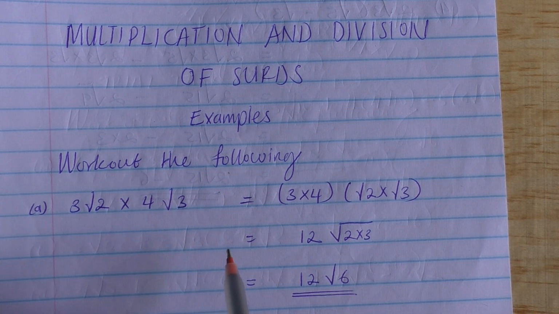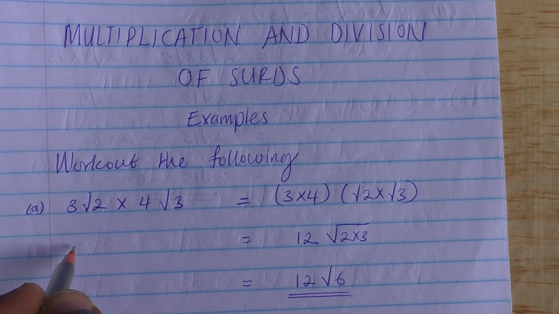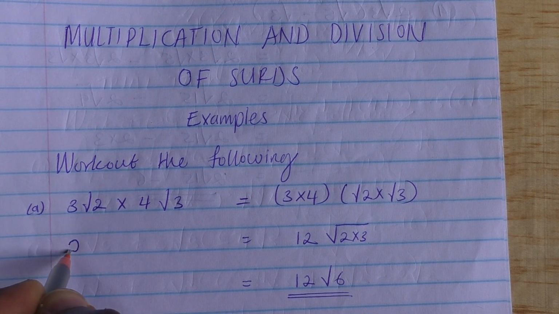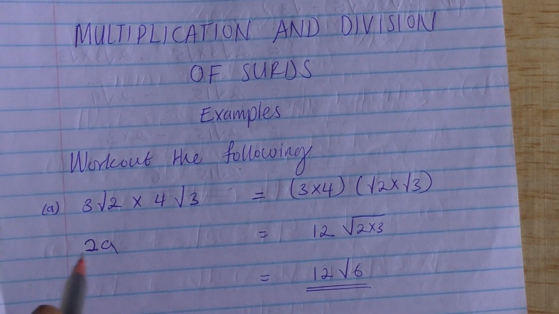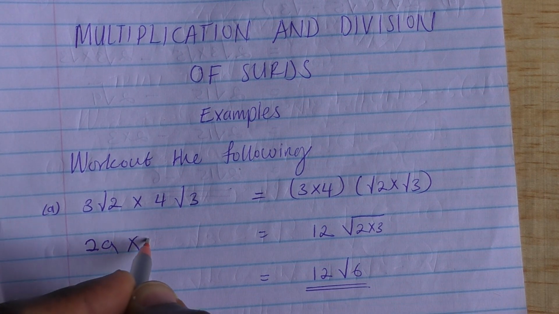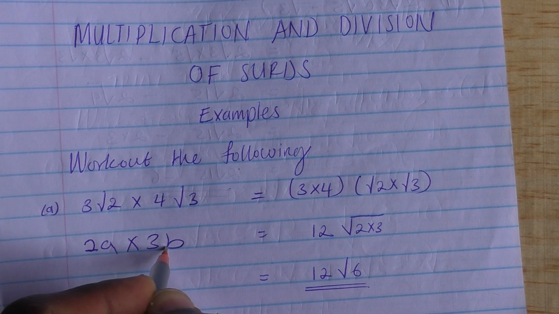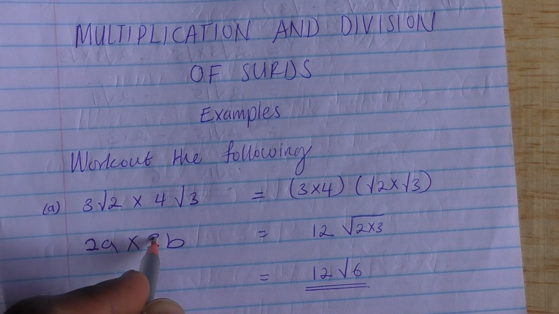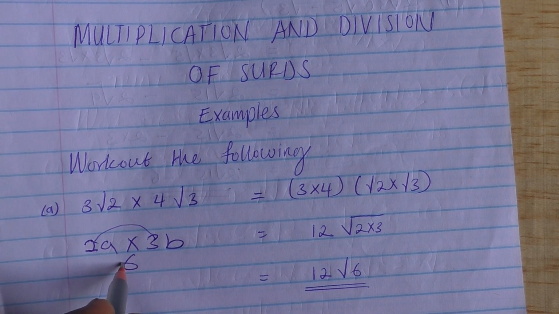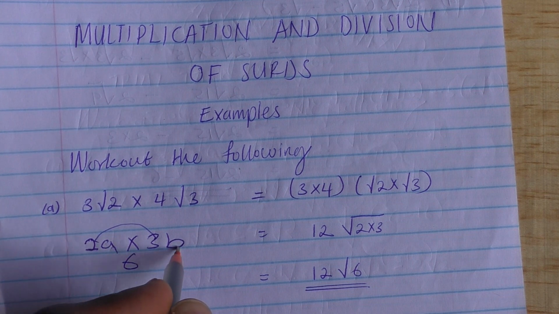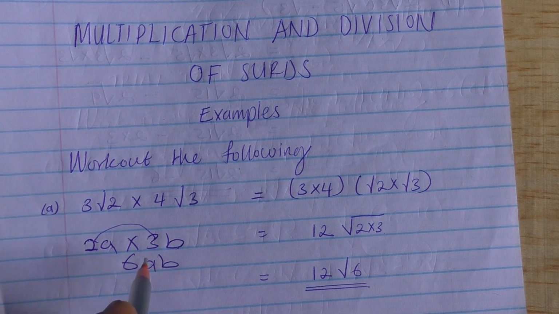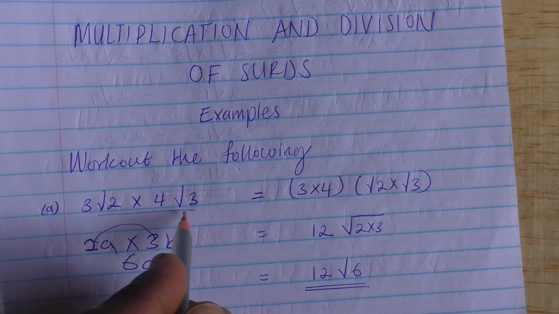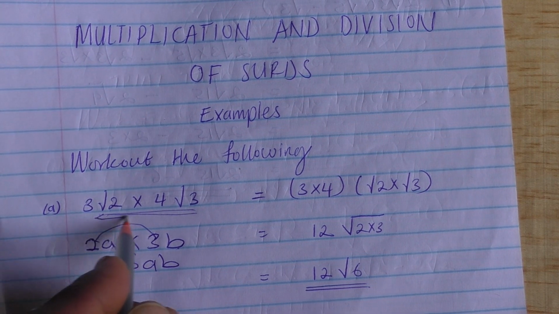It's the same way we should maybe multiply 2a times 3b. So the coefficients 2 and 3 multiply to give us 6. Then a and b gives us ab.